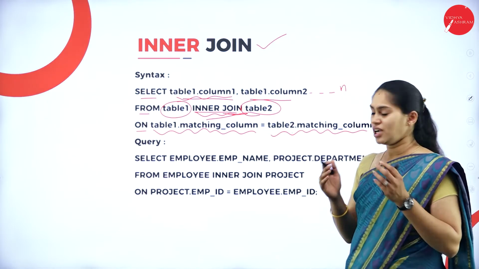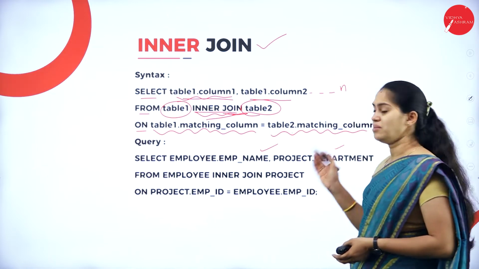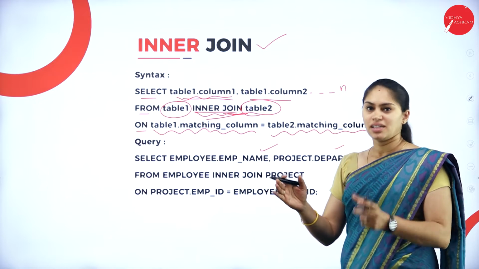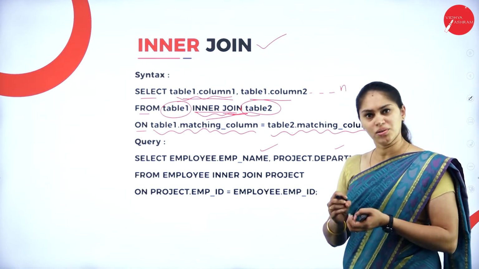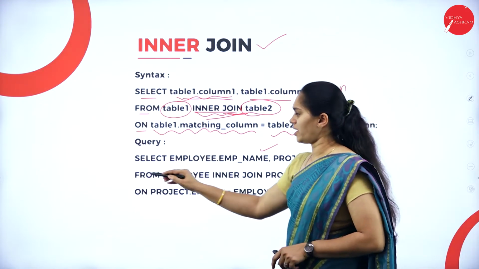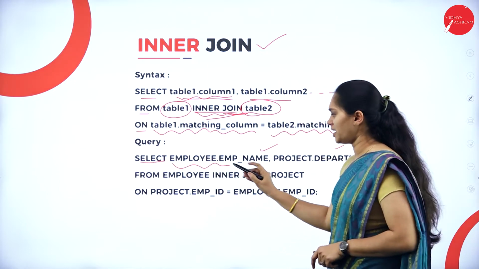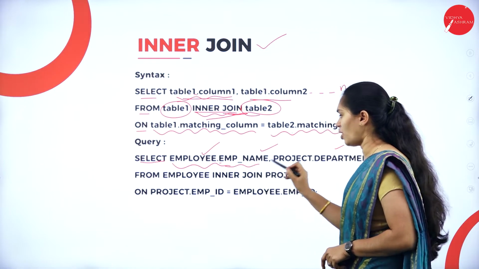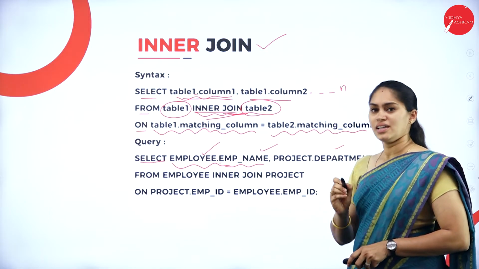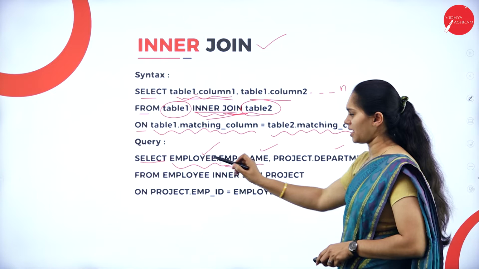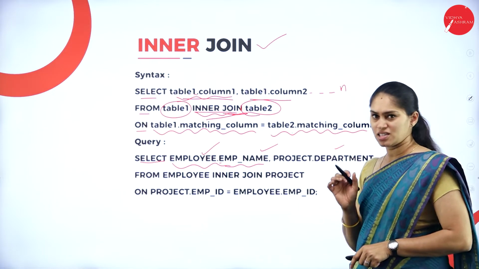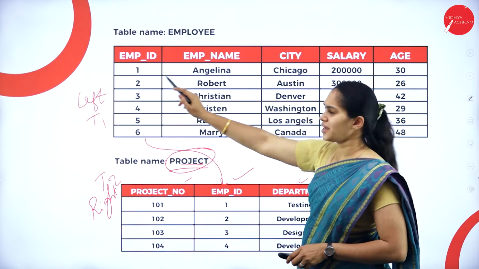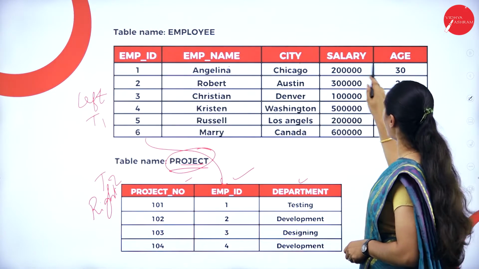Then if I want to fetch the name and department of an employee related to both the employee table and the department table, that is what I am trying to pick here. You can see the query, select employee.emp_name. Here employee is the name of a table and its column is employee name. What was the first column we had in the employee table? That was emp_name, which you can see here. Remember, we have employee ID, employee name, city, salary, age.